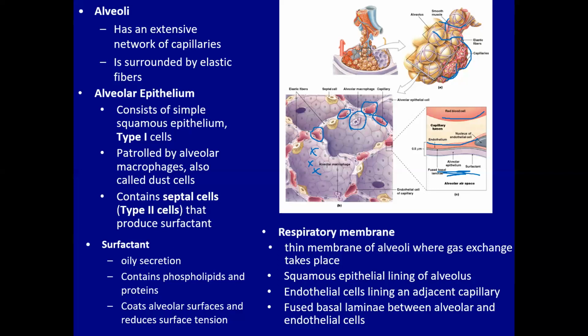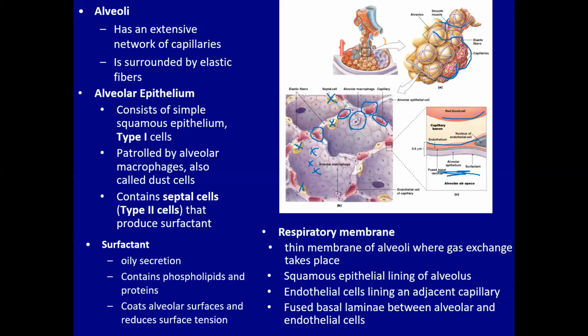Sometimes they're called dust cells. Then there is a third type of cell that is called a septal cell, and I'm putting an X on a septal cell, right? These are also called type 2 cells. Septal cells are also called type 2 cells. They produce something called surfactant.